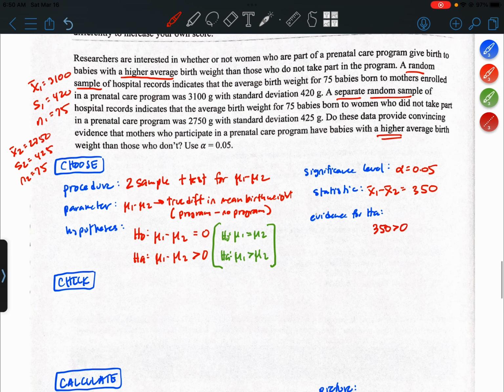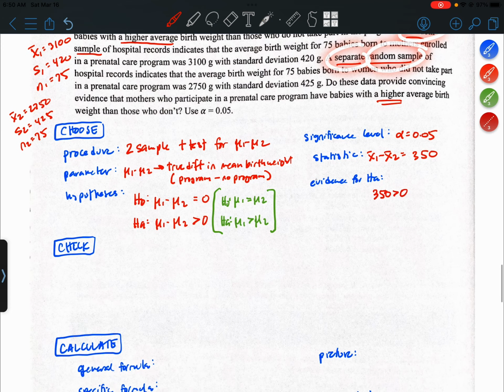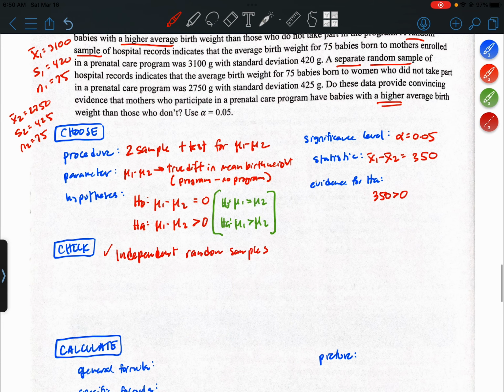Remember, we have separate random samples, so I'm going to write that as independent random samples. Check.